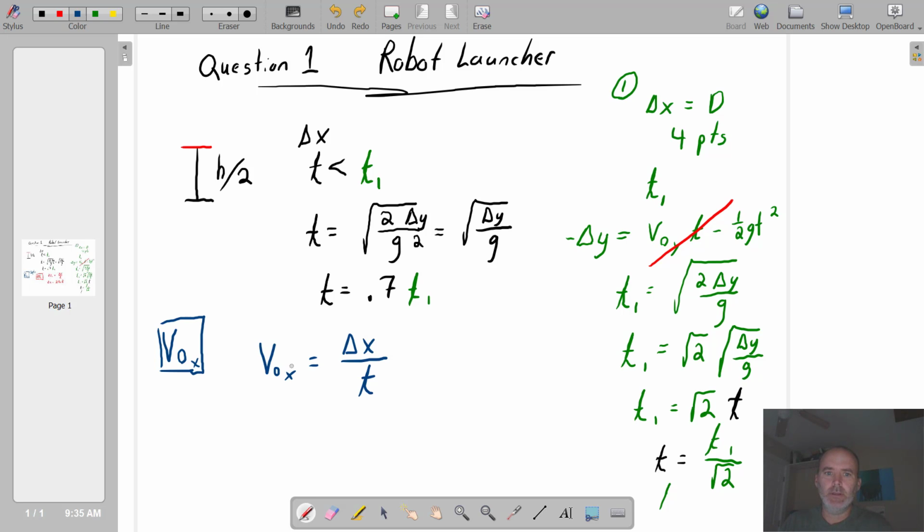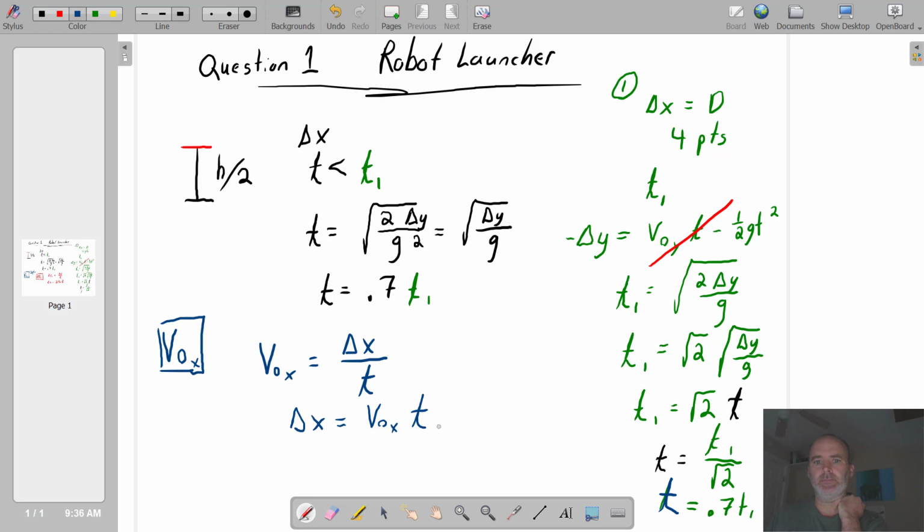All right, so with this, let's solve for delta x. So I have delta x is equal to v0, and I can put the x there, it's not super important, times t. Well, remember that t is equal to 0.7 t1. So let's come over here and rewrite this.